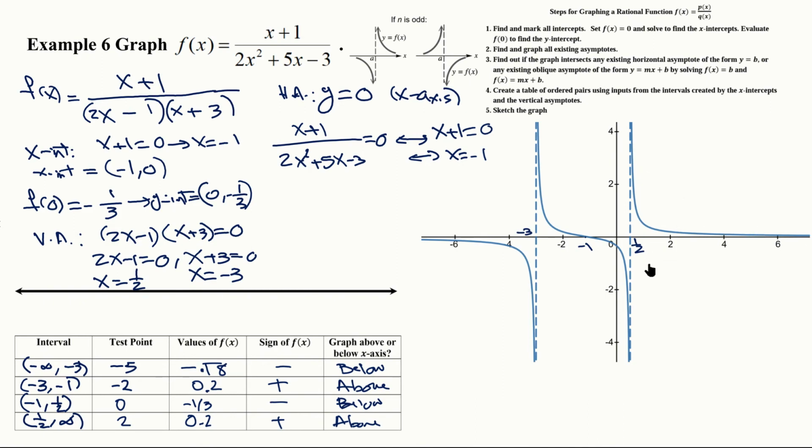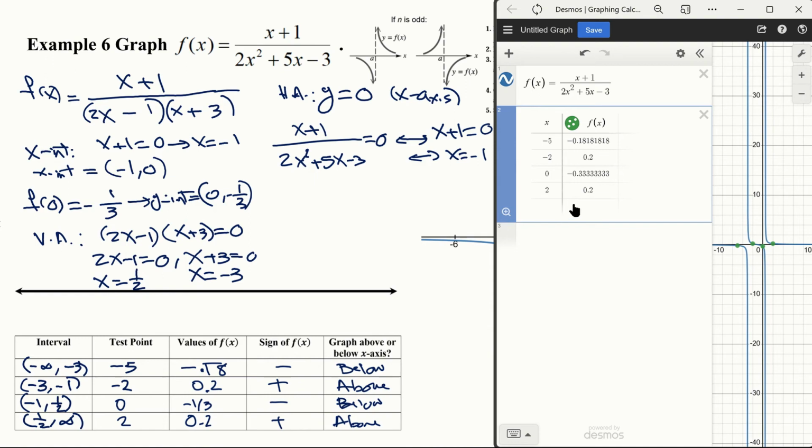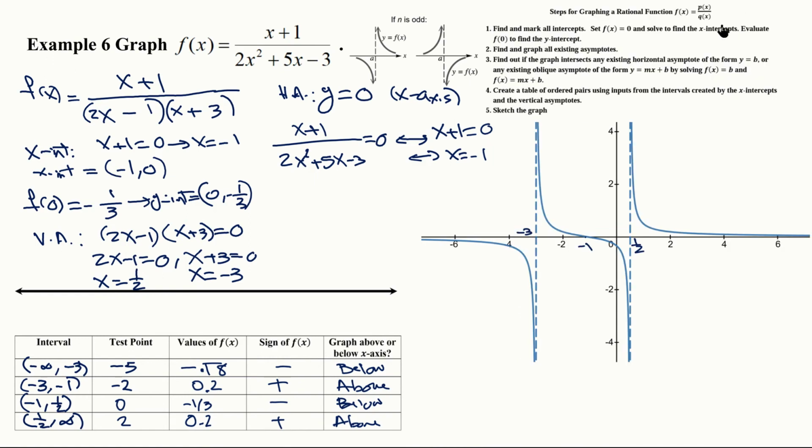So the only thing else you could do is go ahead and pick a few more points to plot, you can do it quickly using the table maker here, and then you'll have a really nice picture. Notice that this rule here is obeyed at both intercepts, right? Both vertical intercepts. We have that shape on both sides.